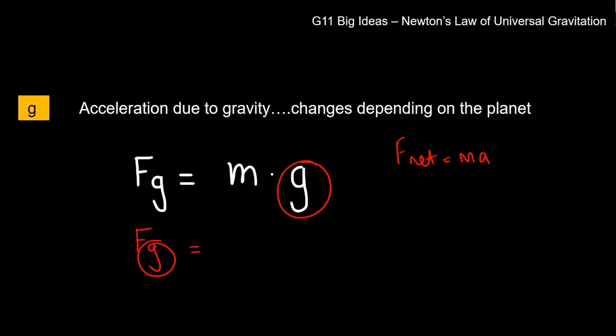So in place of m is going to be the mass of our object, and then in place of g we would write whatever that value is. So now on Earth it is 9.8 meters per second squared.